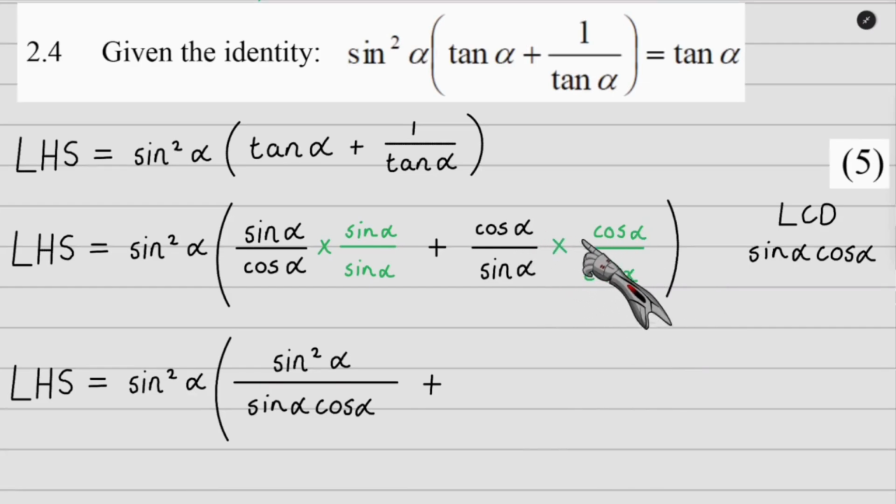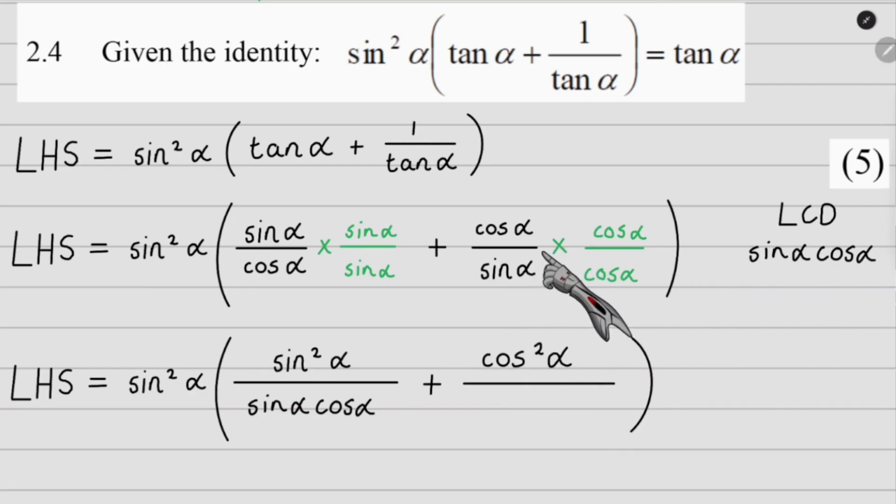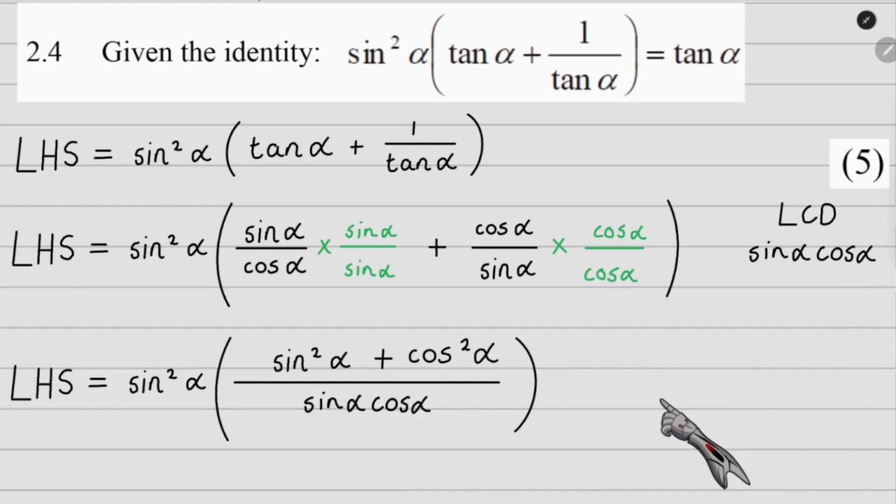Cos alpha times cos alpha will give me cos squared alpha at the top here. And at the bottom, I've got sine alpha times cos alpha, which will give me my LCD like I planned earlier. And now that they're both over the same denominator, we morph them into one big fraction like this. And now we've finished the process of getting the LCD.